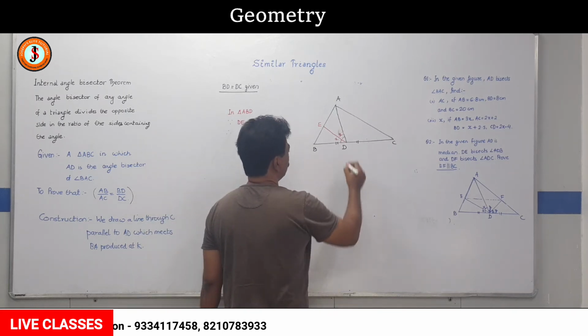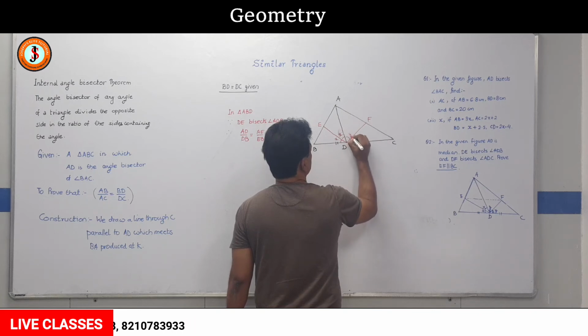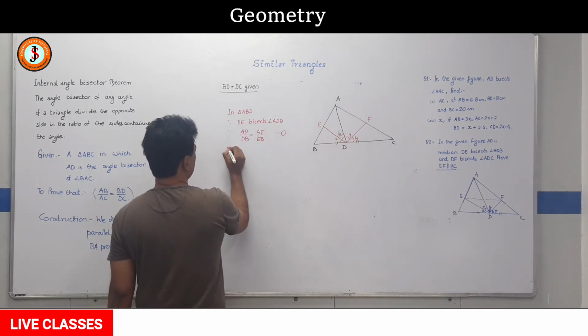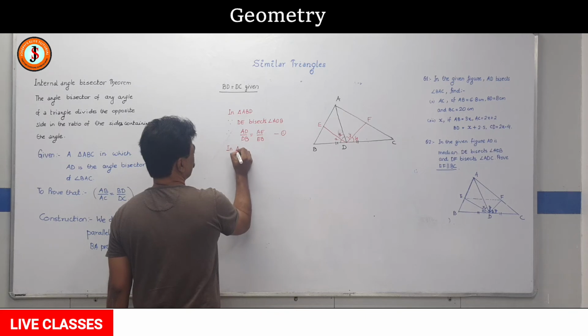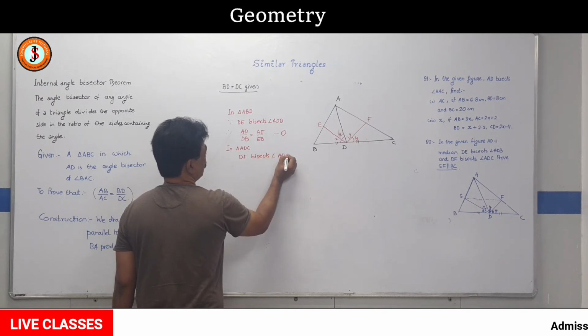Now the other side is DF. Now this is y and this is y. So on this side also we can apply it. In triangle ADC, DF bisects angle ADC.